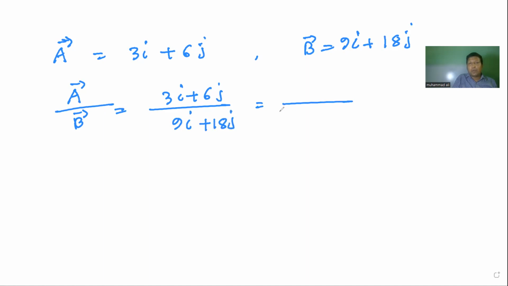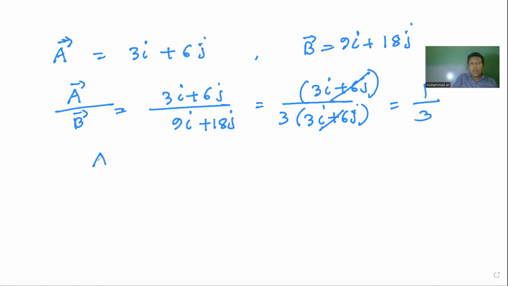If we take 3 common, we get 3 times 3i plus 6j below and 3i plus 6j above. Both of these cancel, so you can write 1 by 3. So a vector and b vector are in the ratio 1 by 3, and a vector is parallel to b vector.